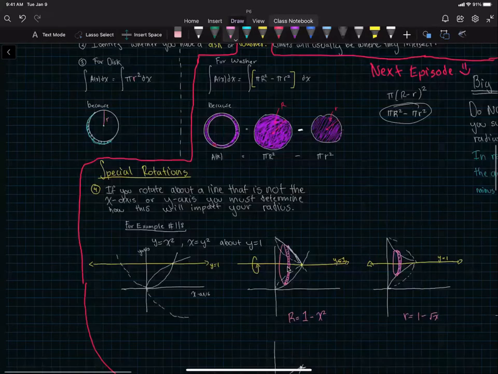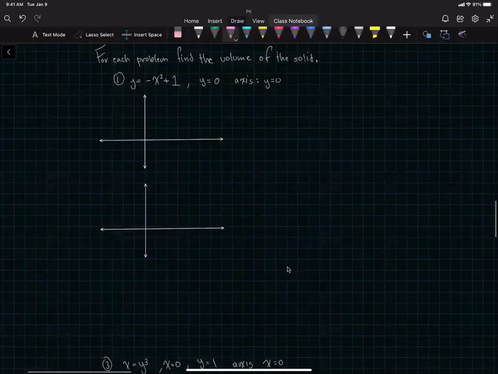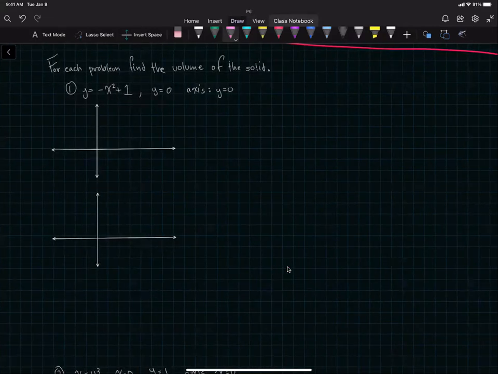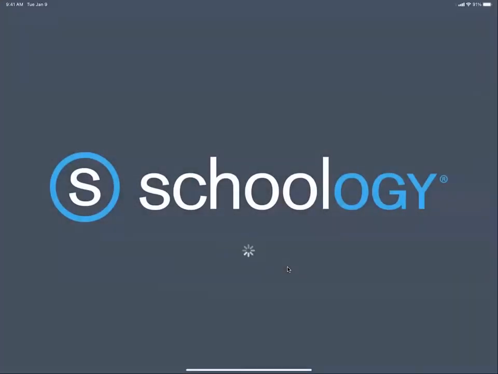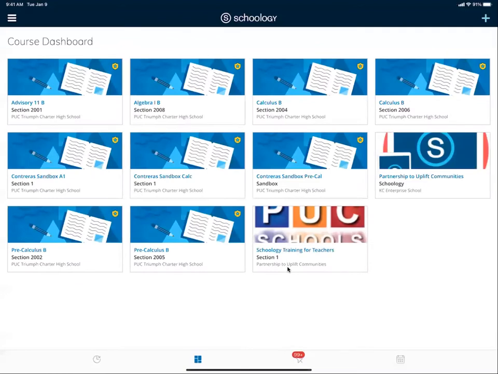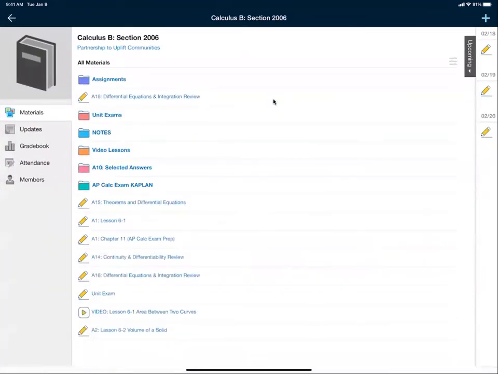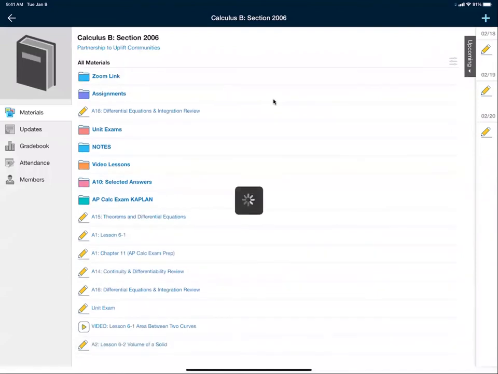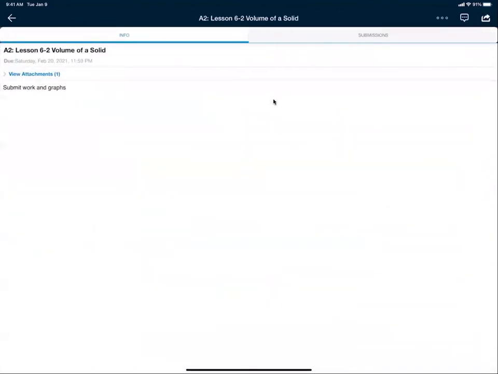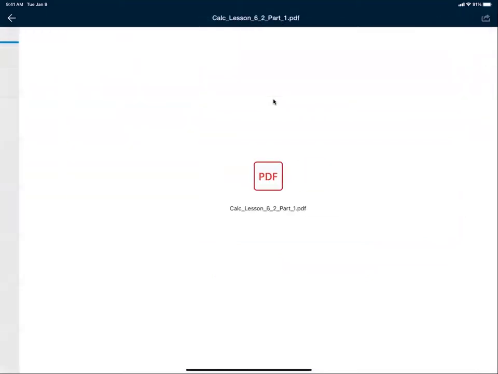Okay, everybody please go and open A2 on Schoology. So go to Schoology, and then go to your calc class. You're going to go to 6-2 and then view attachments, and it's going to be there.